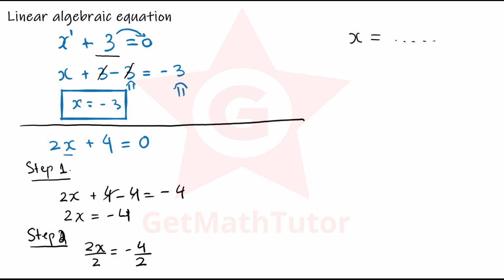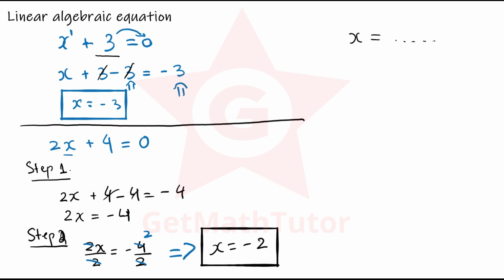Okay, and now moving on this side, this 2 will get cancelled with this one, and this will give 2. 2 times 2 is 4. So your answer is x equals minus 4. Oh, sorry, x equals minus 2. Okay, so that is the solution of your linear equation.